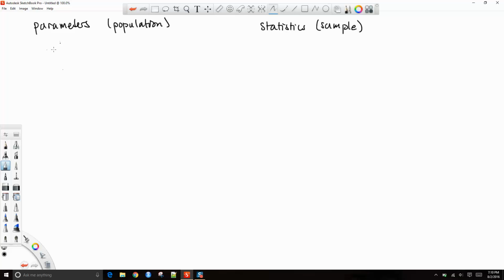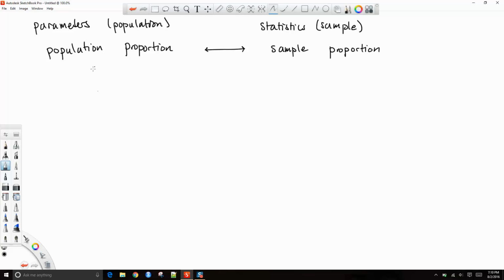So you could have the population proportion, and this would correspond with the sample proportion. So this is the proportion in the population that has a certain property, and over here this would be the proportion in the sample that has the same property. Okay, and so those correspond to each other.